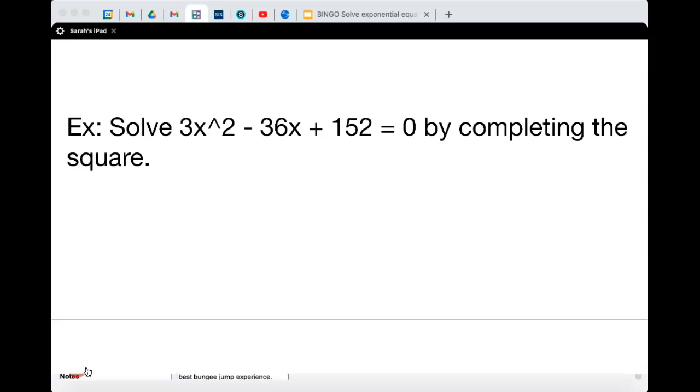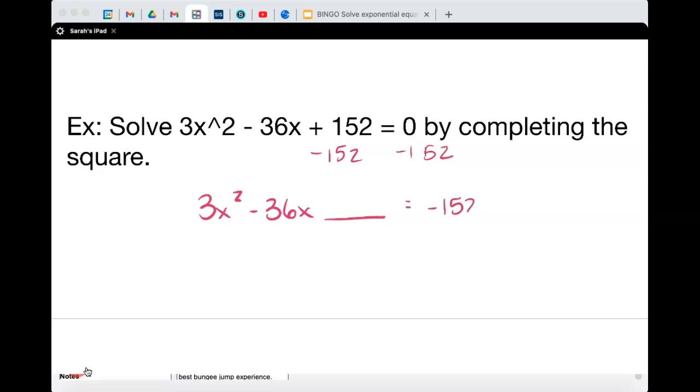So the first step was x terms on the left side, constants on the right side. Subtract and move that over. So I have x squared minus 36x. Technically, I would write a blank to fill in my c value, and negative 152 with my blank.